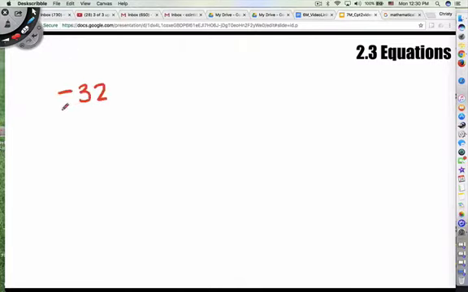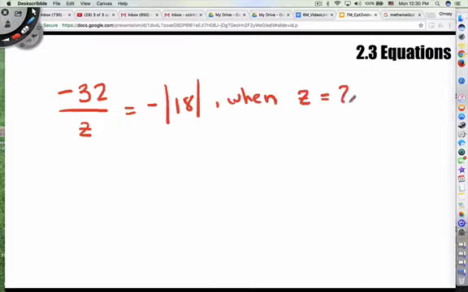Negative 32 divided by z equals negative absolute value of 18 when z is equal to 2. So what we would do is come back over here and plug it in. Negative 32 over 2, is it equal to the opposite of the absolute value of 18, which is 18, so is it equal to negative 18?